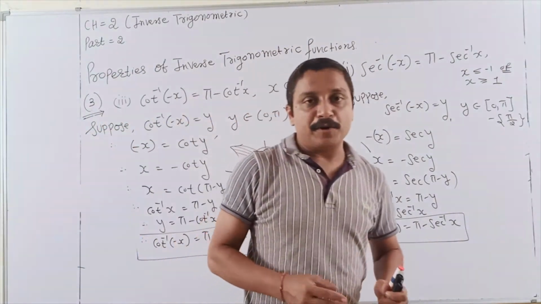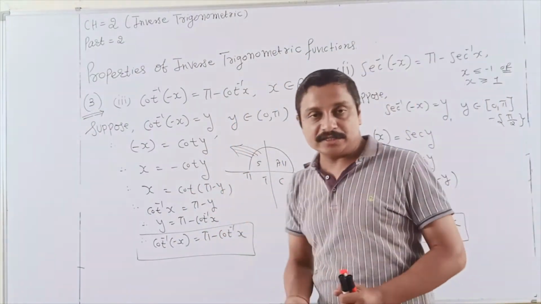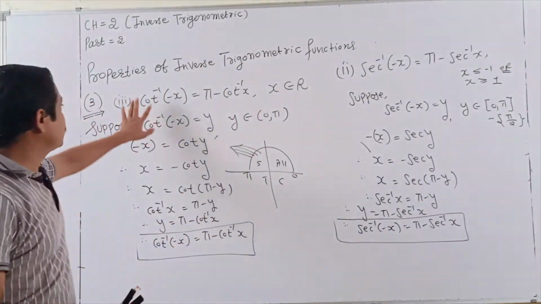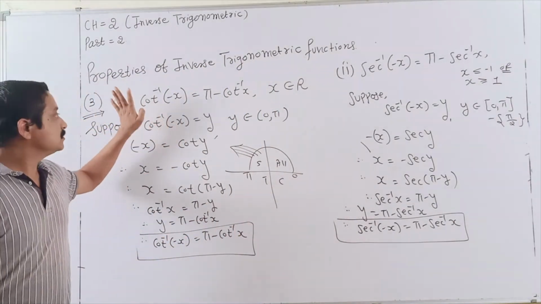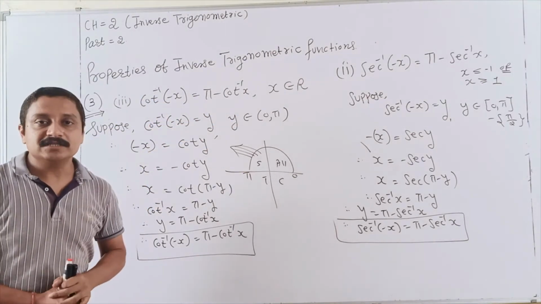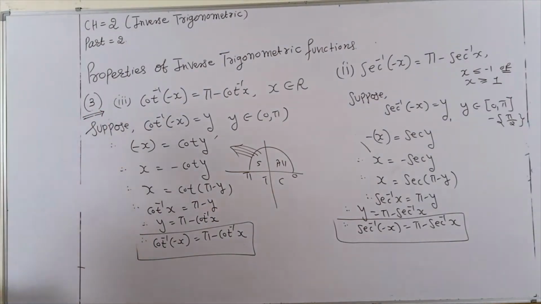Finally, property number 2 has three numericals related to sine inverse, tan inverse and cosec inverse minus x. And these are the cos inverse minus x, sec inverse minus x, and students, cot inverse minus x. Now I go to property number 4.